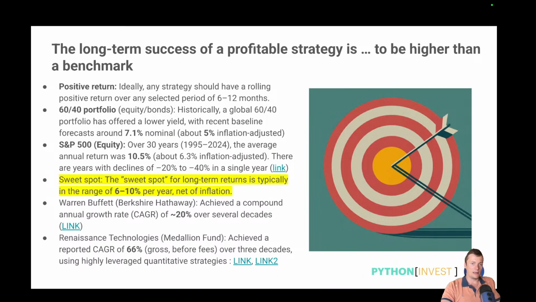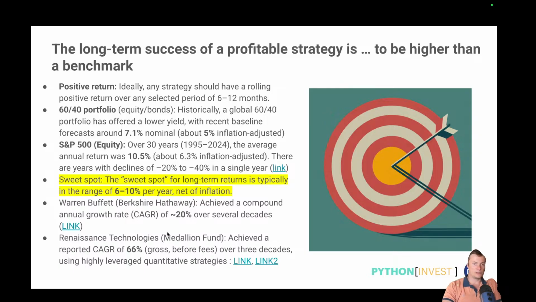If we combine everything I talked about previously, what should you look at when you define your strategy? First, we want to have a positive return, and ideally a positive return every month or every 6 months or every rolling period. It may not be every week, but if you select randomly 6 to 12 months, you should see a positive return.